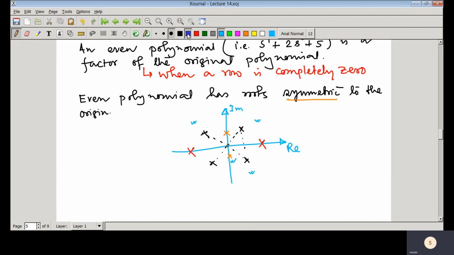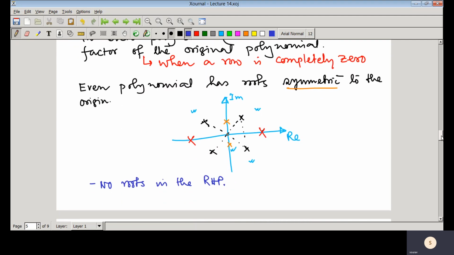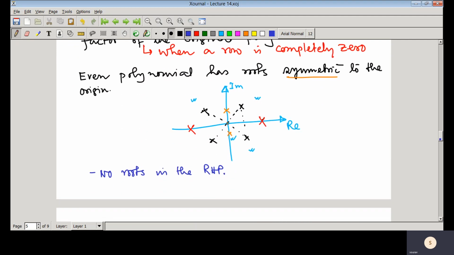So let us write it here that for this particular example, no roots in the right half of the S-plane. The reason is there is no change of sign. As there is no change of sign, then no roots on the right half of the S-plane, and as the roots are symmetric, then no roots would be on the left half of the S-plane as well. So two roots would be on the imaginary axis.